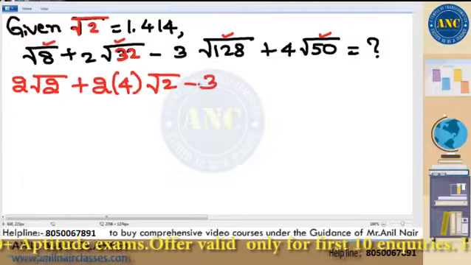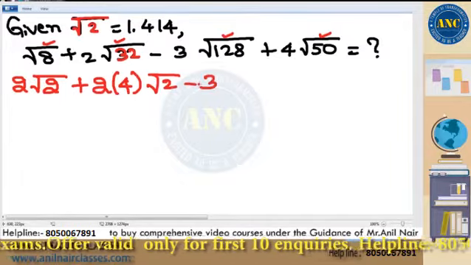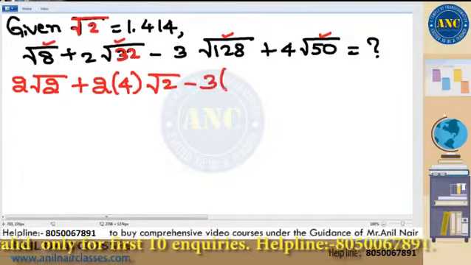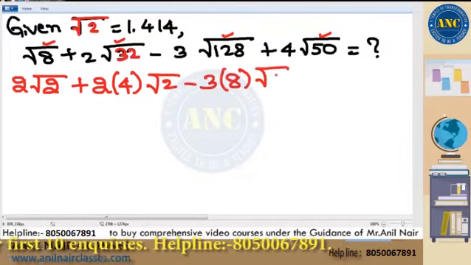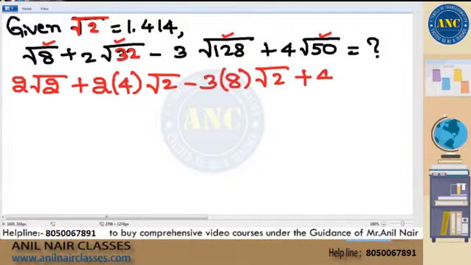Minus root 128, 128 is 64 into 2, square root of 64 is 8, so 8 root 2. Plus 4 into root 50, 50 is 25 into 2, so 4 into 5 root 2.